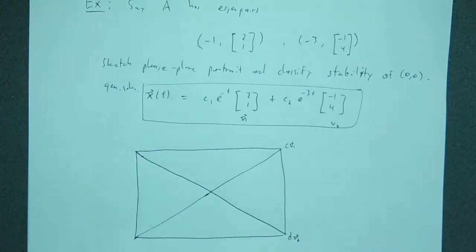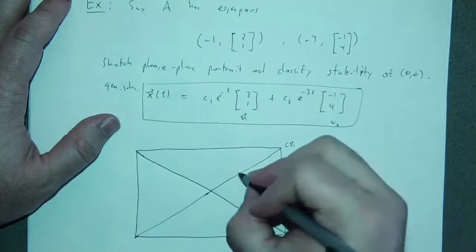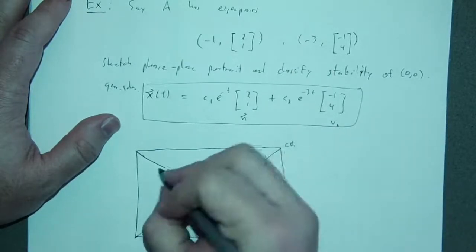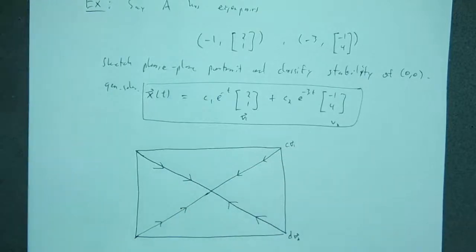Okay, so there's my two lines. Of course, the eigenvalues are negative along both, and so I get motion towards the origin along both. So that's what the line solution picture looks like.